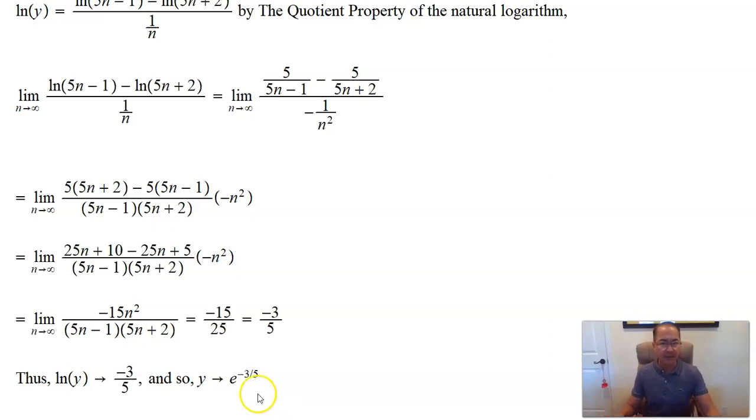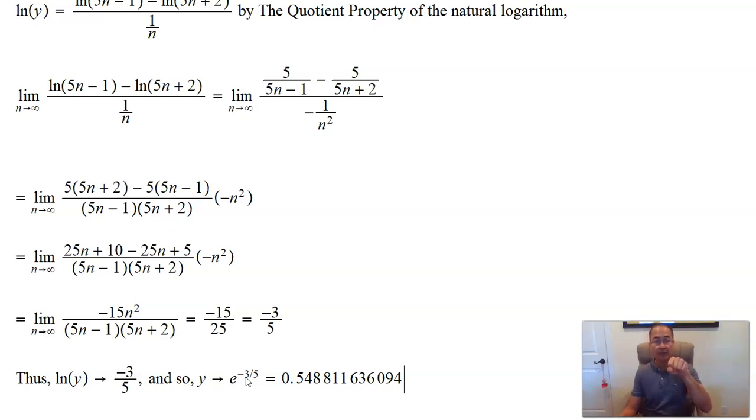Is that a number bigger than 1 or smaller than 1? All right, so let's approximate. And yep, that is of course smaller than 1 because we have e to a negative exponent. So remember the graph of e to the x. The y-intercept is 1. e to the 0 is 1.